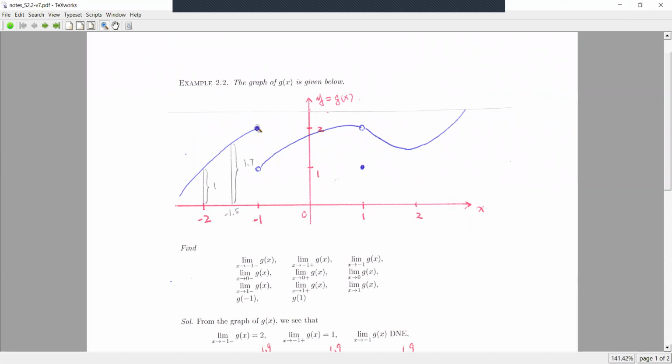Solid point. Its height is function value at -1. Open point. Its height is the limit of the function when x approaches 1. Open point. Its height is the limit of the function as x approaches -1 from the right side.